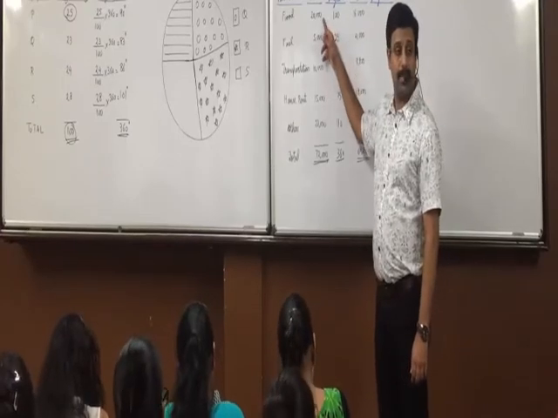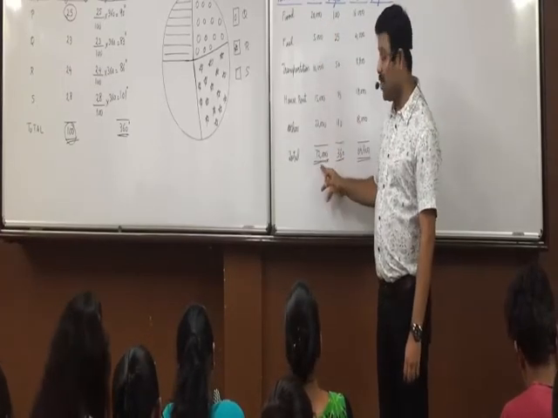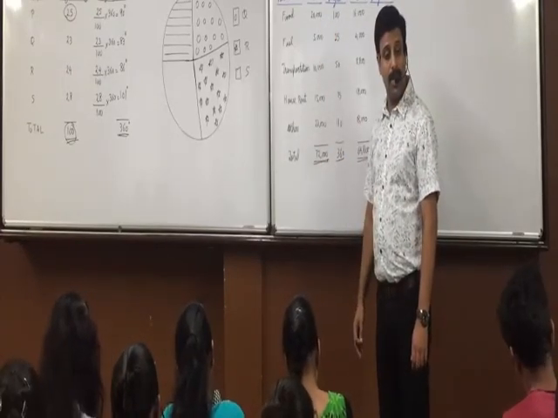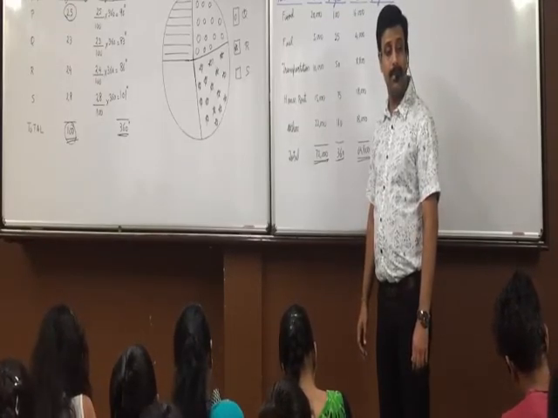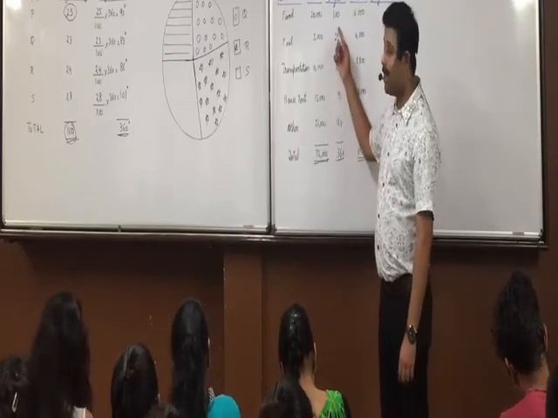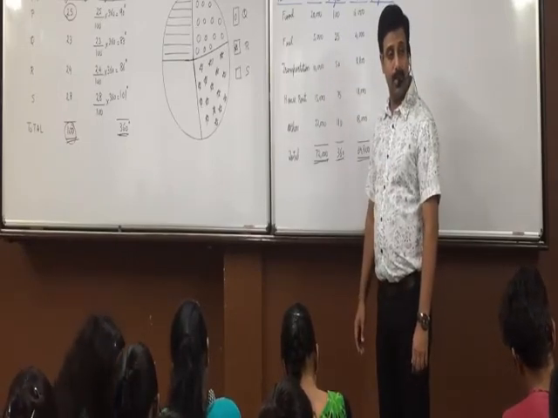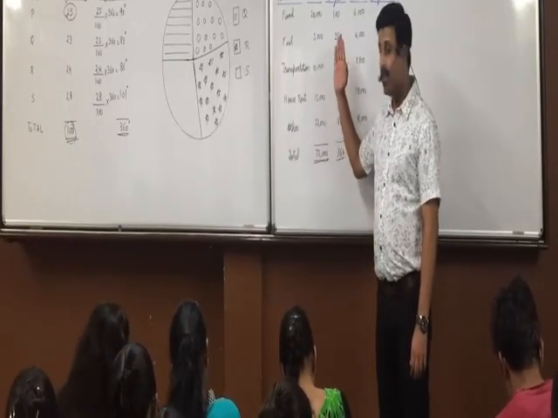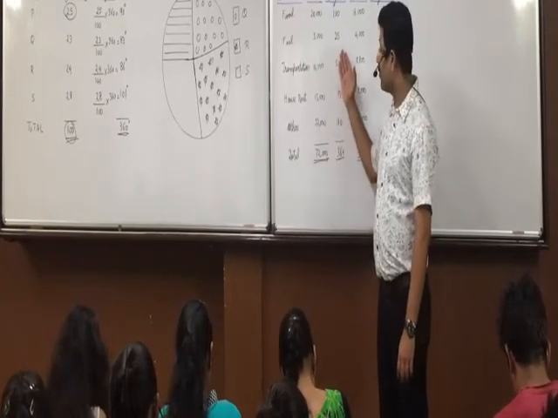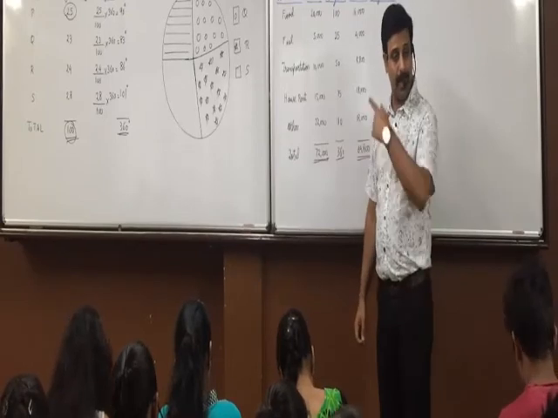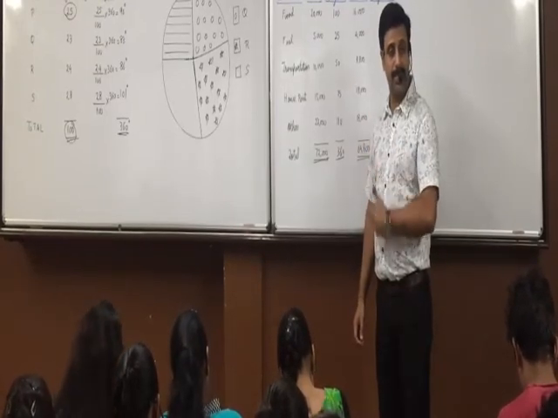20,000 divided by 72,000 into 360. 100. So what is the confusion? 5,000 divided by 72,000 into 360, do you get 25? Did you understand the other calculations?